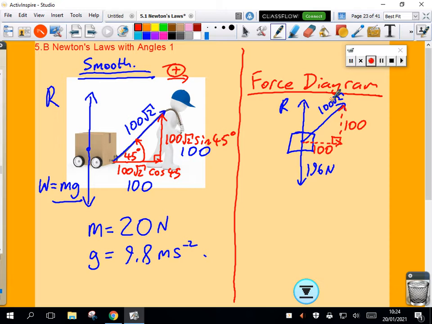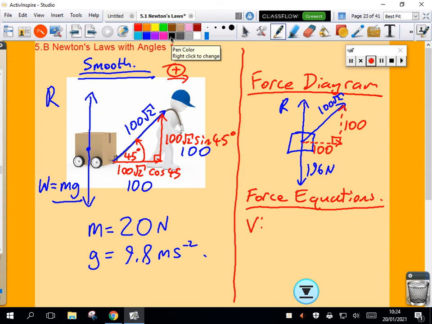So we resolved this tension force. That's my force diagram. If I look at my force equations from that, I'm just going to think first of all about the vertical forces. Well, the box will not, and I hope this is obvious, accelerate upwards or downwards.